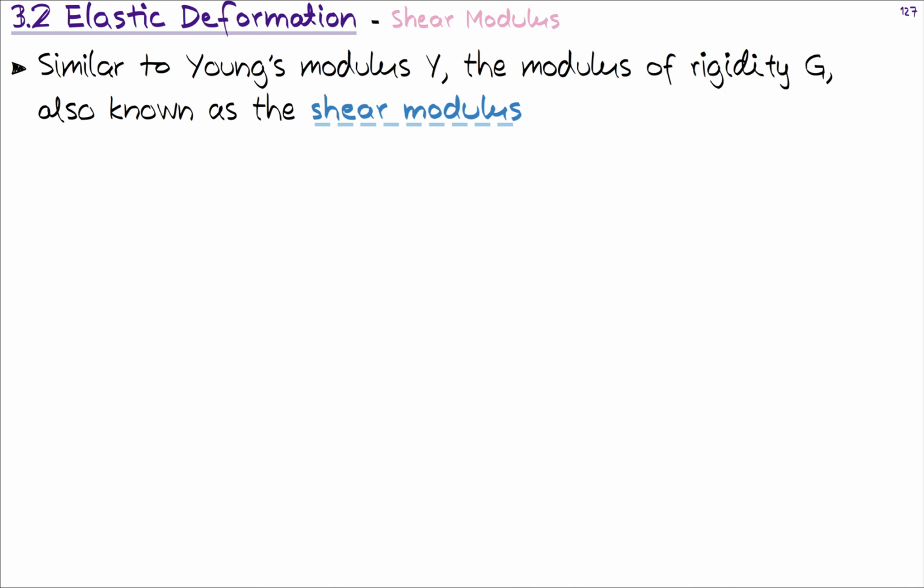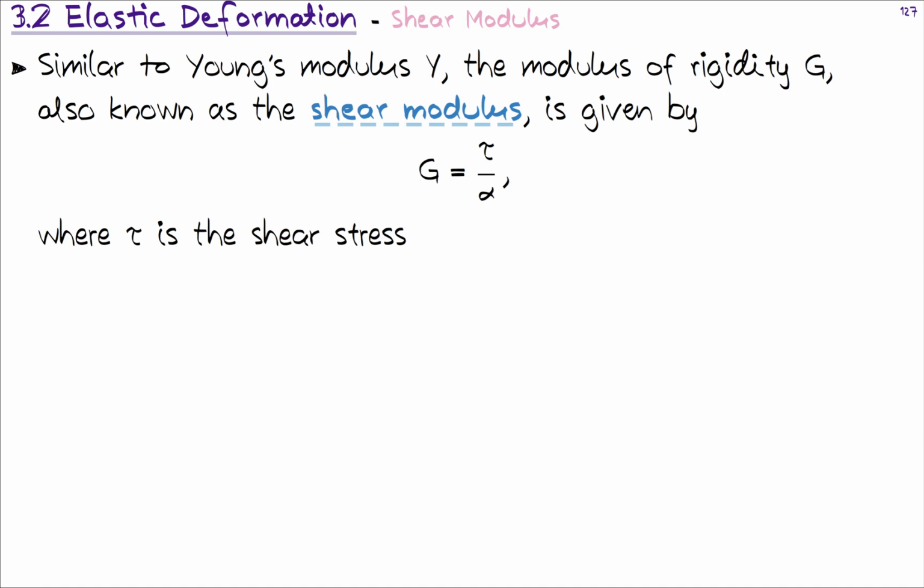And this shear modulus G is defined as tau, which is the shear stress, divided by alpha, which is the deformation angle. And somebody might be wondering why we don't have a sine of alpha or cosine or tangent there, we just have the angle.